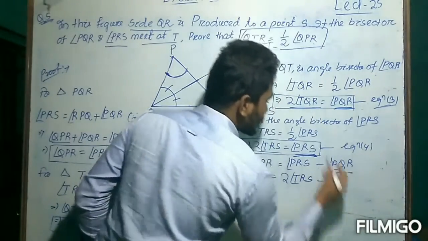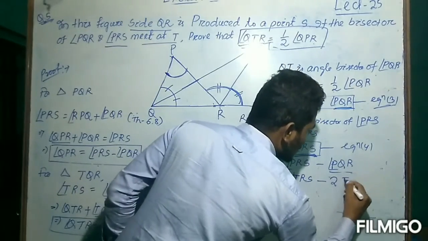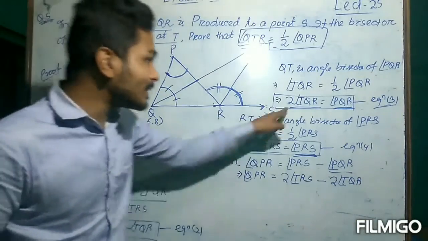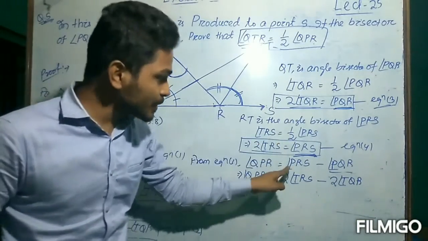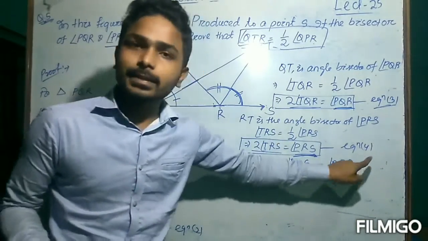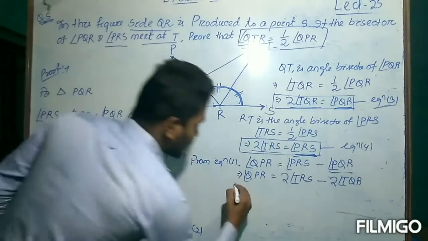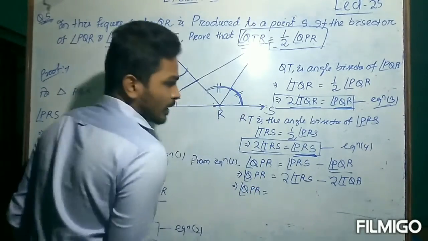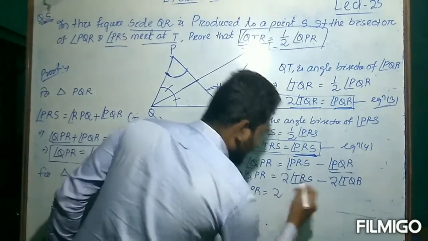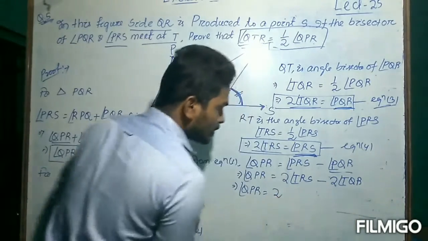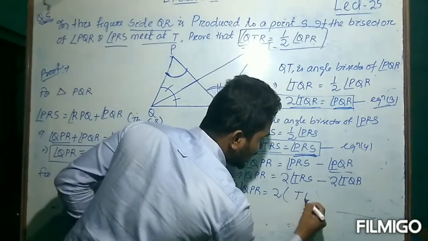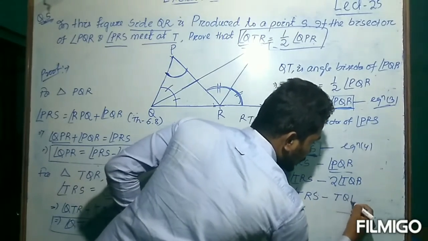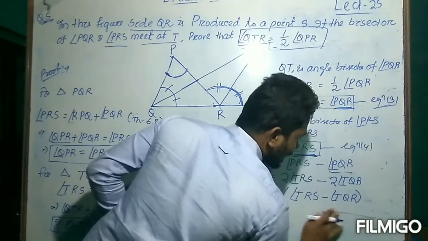So in this place we can substitute PQR equal to 2 times TQR. That is why we find these two equations, in order to substitute in this place and in this place. So we find QPR is equal to, now we can take 2 as common from these two terms, so that it will be TRS minus TQR.